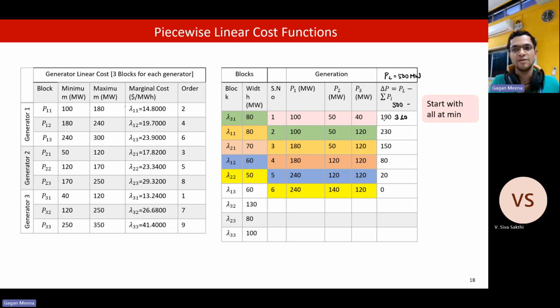Now this is correct. Sorry for that. The load is 500 and this should be 310.